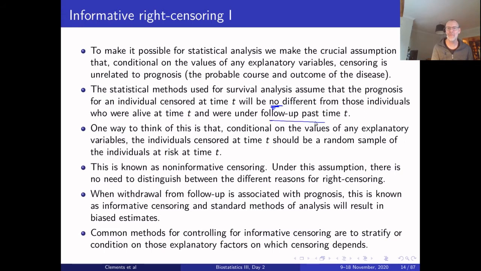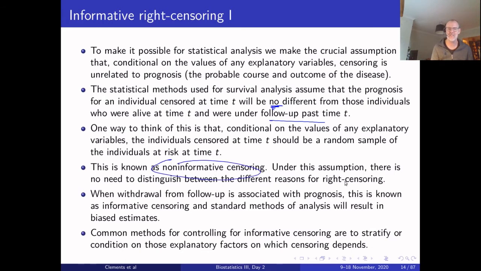One way to think about this is that, conditional on the values of the explanatory variables, the individual censored at time t should be a random sample of the individuals at risk at time t. This is known as non-informative censoring.